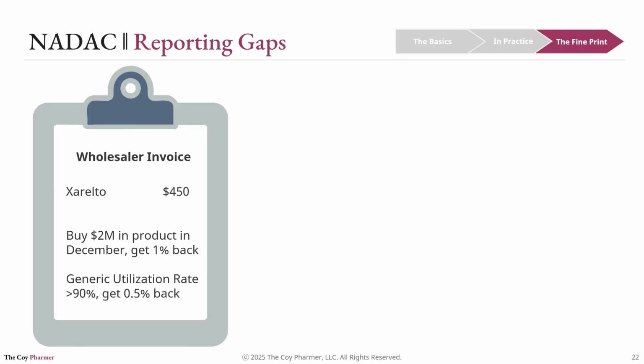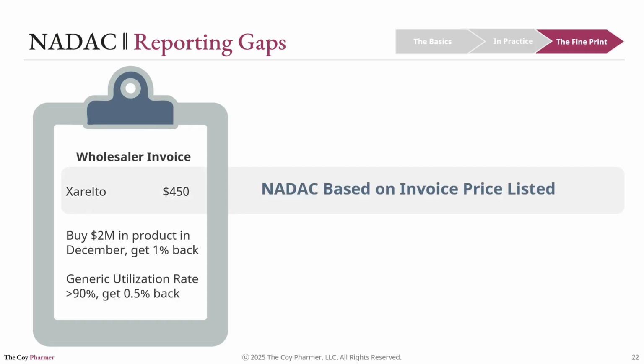Another component that is critical to understand about NADAC is which particular components of the price are captured in the index. In this example, we have a very stripped down version of a wholesaler invoice to a pharmacy. As you can see in this example, the pharmacy is being invoiced $450 for a package of Xarelto. This piece of the invoice is included in the NADAC reporting.